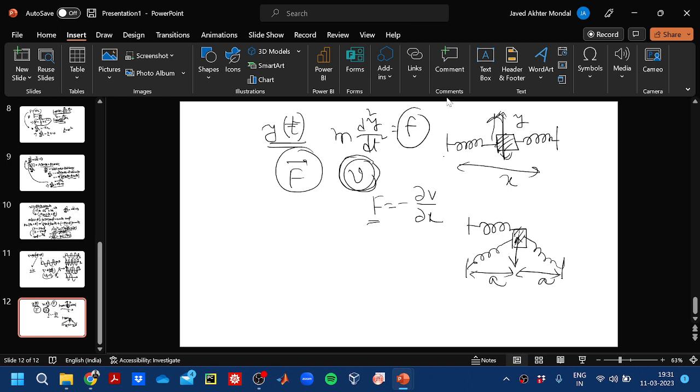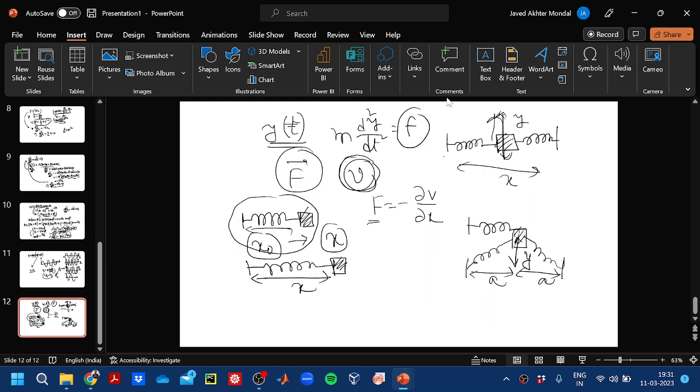Suppose the displacement along this direction is y. Then we know for a spring what the potential is. For one spring, if its natural length is x0, and we increase its length by an amount x, then the potential energy... Suppose this is our natural length, and this is in equilibrium, and we disturb the system and expand the spring to a length of x.